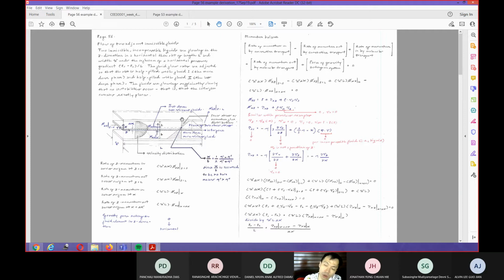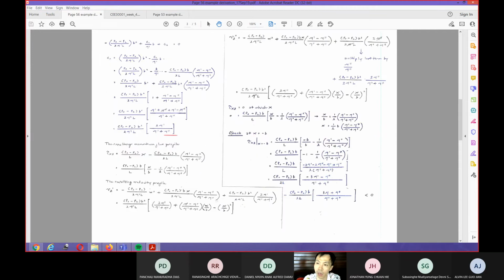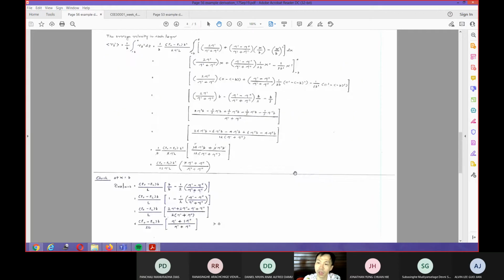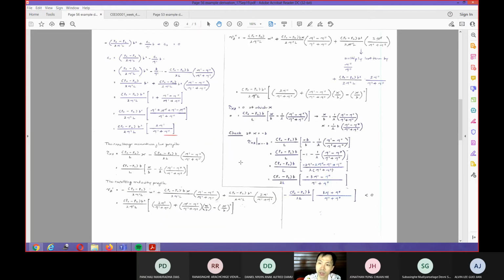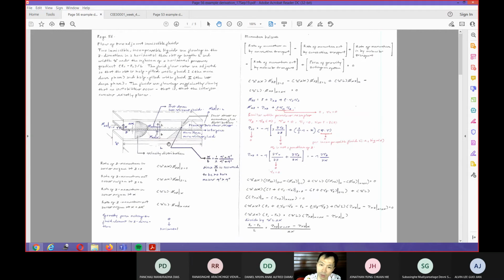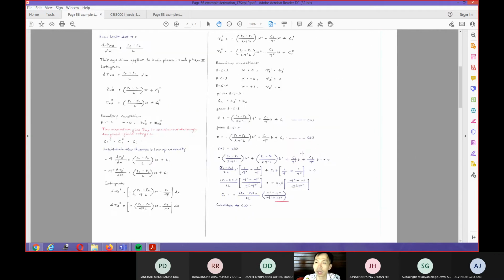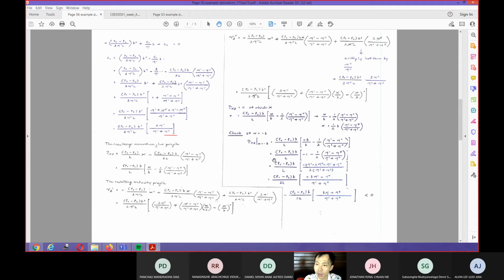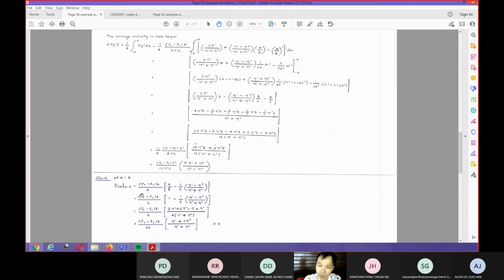In the beginning, I also don't know why this is positive in here and why this is negative. So what I know is when I plug in this equation, for example I try x equals minus b, then that will be less than 0, right? So if I put it in here, that will be negative. And then likewise, if I put in x equals b in here, I put in the shear stress, then I know that this value will be higher than 0, right?